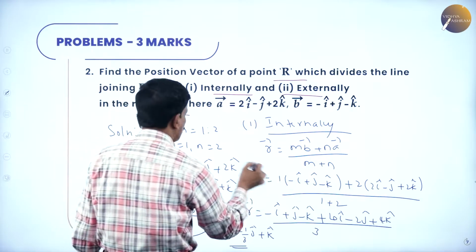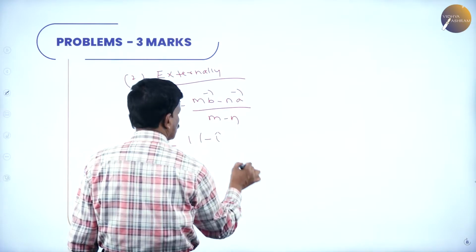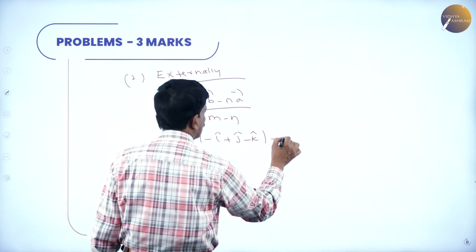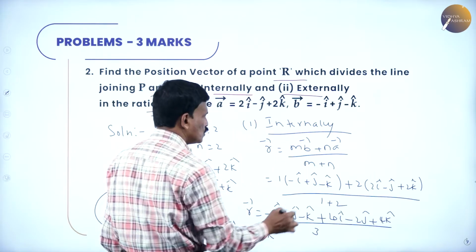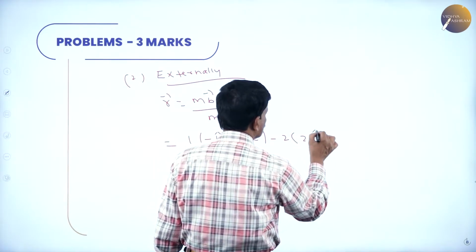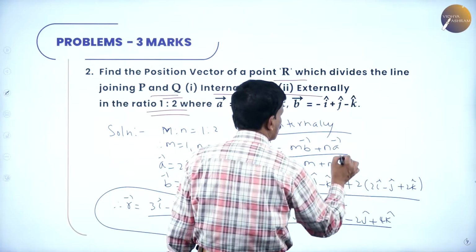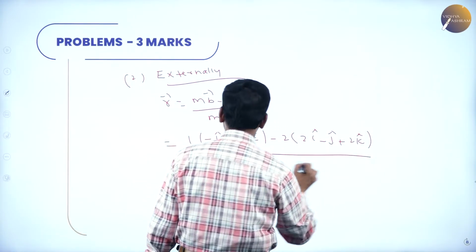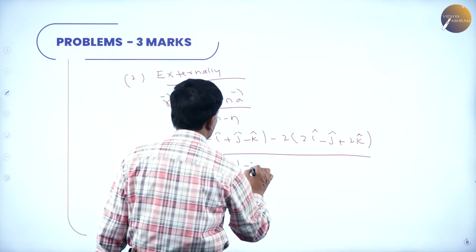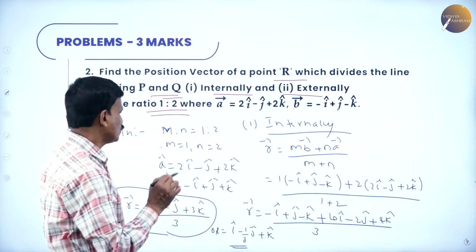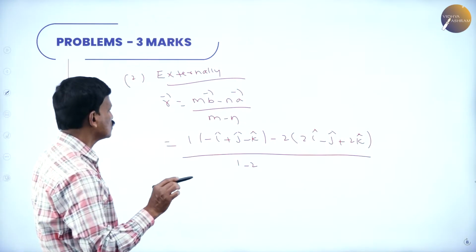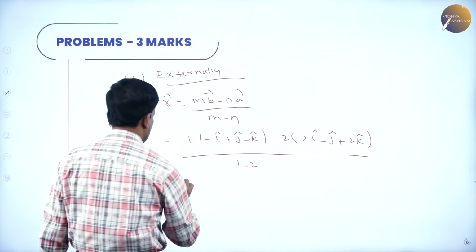So m into b, 1 into minus i plus j minus k, minus n is 2 into 2i minus j plus 2k, divided by m minus n. m minus n, that is 1 minus 2, right? 1 minus 2. Okay. Now simplify this, that's it.